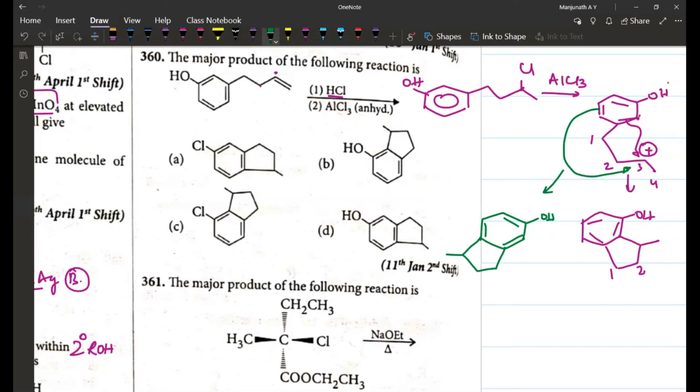Because of the thermodynamic stability of para substitution. So we can't say that OH has more minus I effect at ortho. Yeah, that's a valid point.